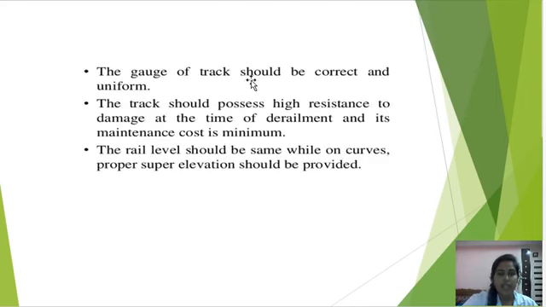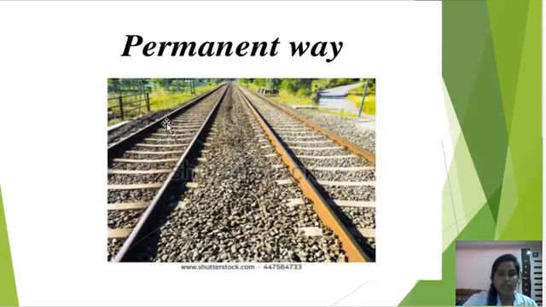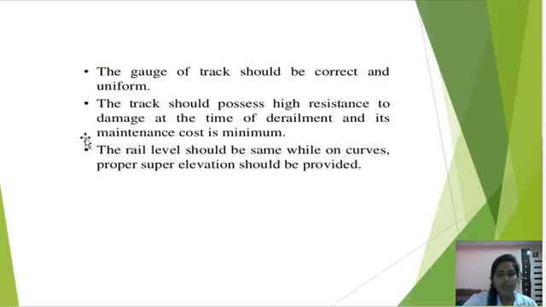The load should act on the rails, next on the sleepers and next on the ballast. The gauge of the track should be correct and uniform. Gauge means the distance between the two rails, this rail and this rail. The distance between these two rails should be the gauge, and it should be uniform and correct.